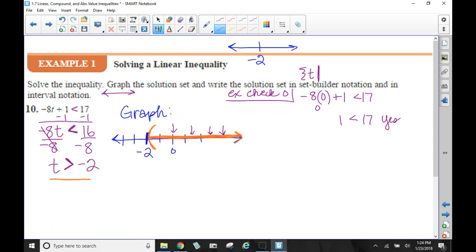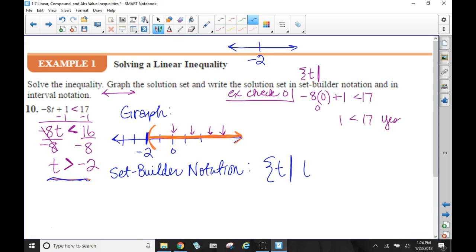So we're just going to know that our solution set in set builder notation consists of the set of all values for t such that, and then you just write what you have over here: t is greater than negative 2. That's the set builder notation.